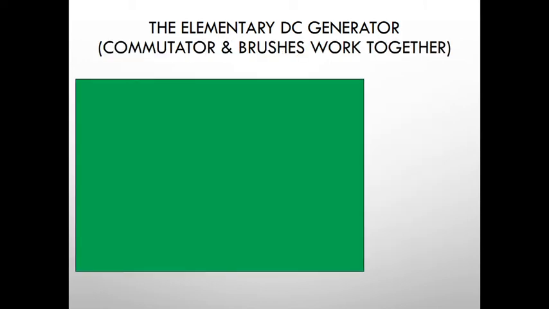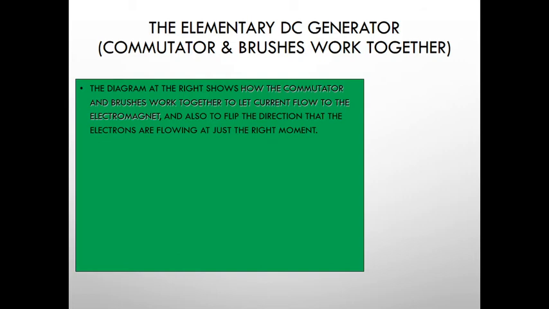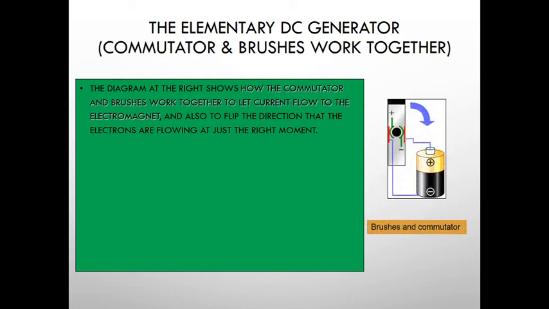In the elementary DC generator, the commutator and brushes work together. Here is the diagram. This is how the commutator and brushes work together to let current flow to the electromagnet, and also to flip the direction that the electrons are flowing at just the right moment.